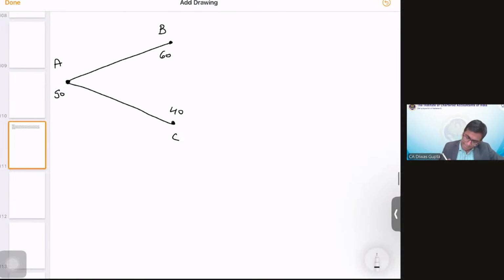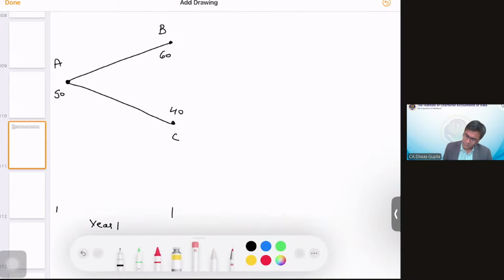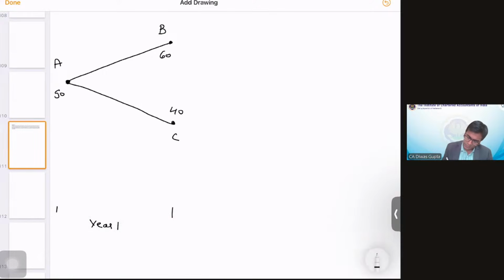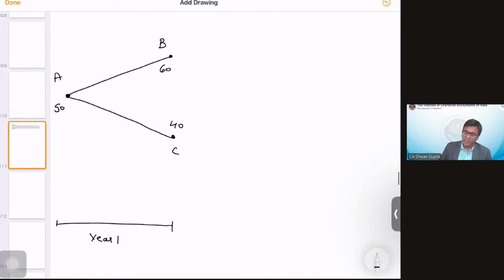Now this is year 1. Can anyone tell me how many nodes should be there for year 2? Sir, year 2 we have 4 nodes.